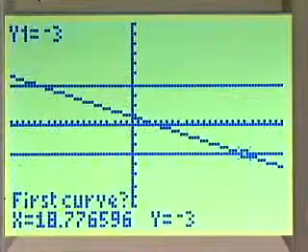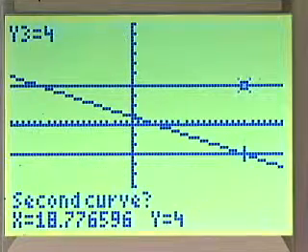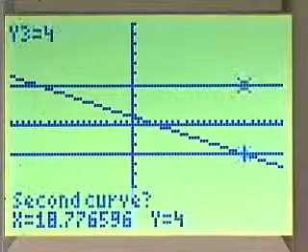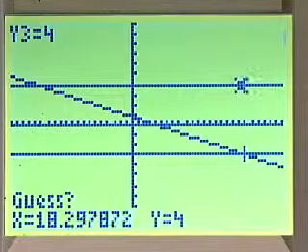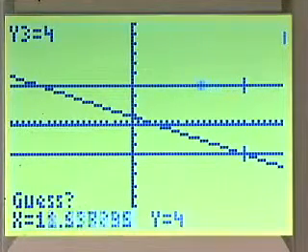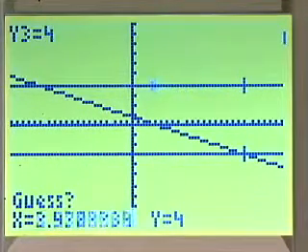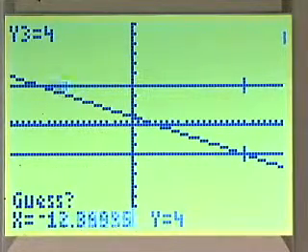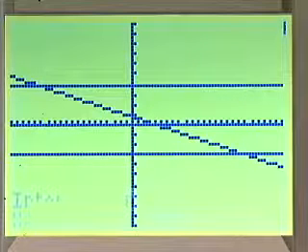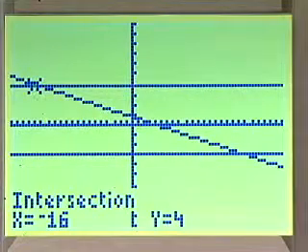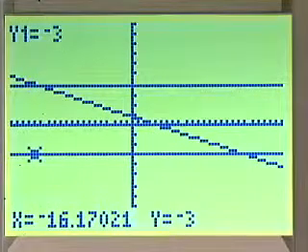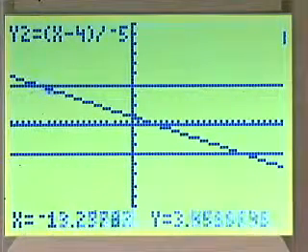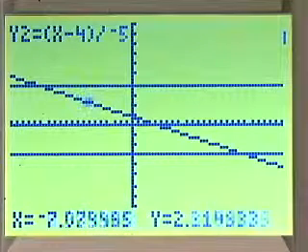The second intersection, we want to do y2 and y3, and then find that intersection point. About there, and we see that that's negative 16. Our solution then is anything in between the two lines.